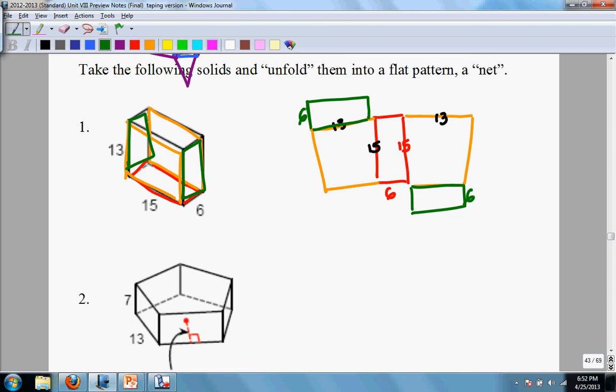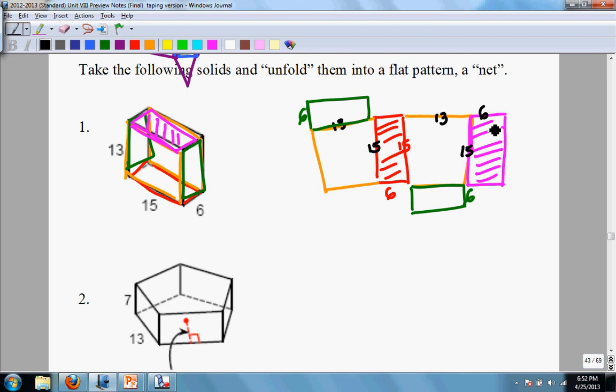And then I have this top flap that's connected, and it's bordering mostly the 15, and there's only one of them, because remember we started with the bottom being red, and this is its mirrored image at the top, the pink, and that would be the top. So our dimensions here would be 15 and 6.